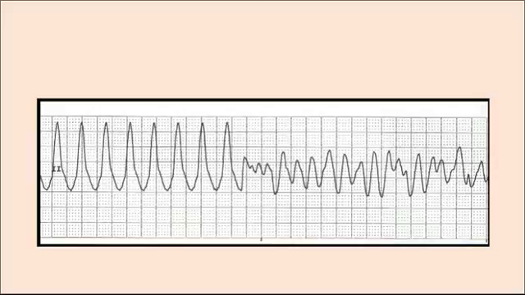Drug intoxications, the same things that are causing other kinds of blockages, such as digoxin toxicity, procainamide, quinidine, and cocaine. Cocaine is a stimulant that can cause them to go into VTach and lead to ventricular fibrillation or VFib.